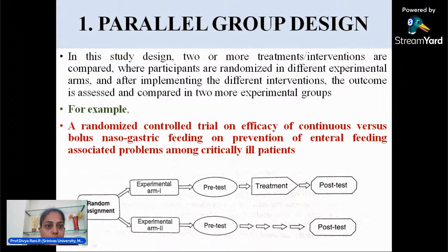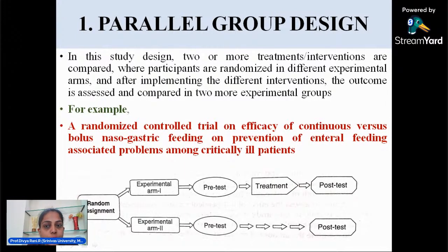In parallel group design, two or more treatments or interventions will be compared. You can see in the picture, you are randomly assigning to the experimental groups; two experimental groups will be there. Now you can see the example. There is a randomized controlled trial on the efficacy of continuous versus bolus nasogastric feeding on prevention of enteral feeding associated problems among critically ill patients.